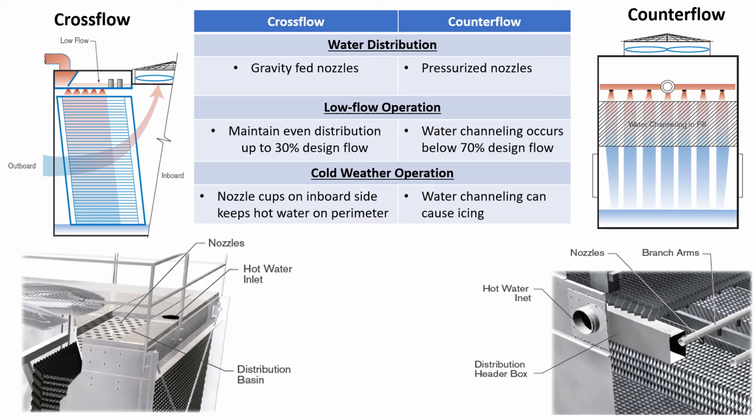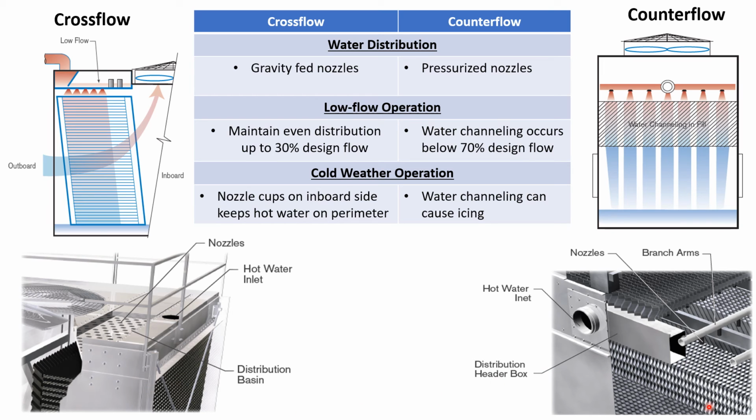Another important distinction between the two is the way that water is distributed across the fill material. In crossflow towers, water is fed through the nozzles and pushed through by gravity. This ensures that the water is spread out evenly and that the fill material is evenly wetted.